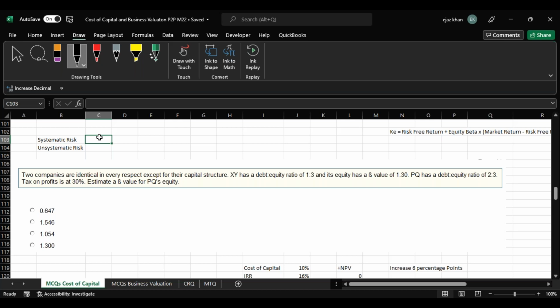Like for example, if you are in the automobile sector or industry, the company is operating in the automobile industry, and all the companies in that industry import cars and sell them, right? Every company in that market operates in this way.